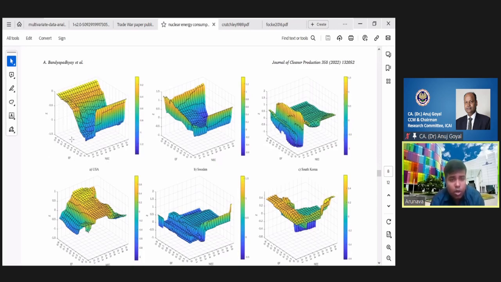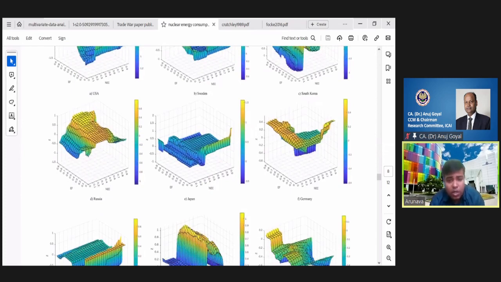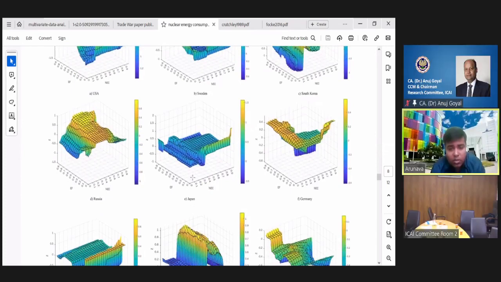If there is less nuclear energy consumption, there is high ecological footprint and all. So this research talks about a three-dimensional relationship in different quantiles. So in the lower quantile, what is happening, in the higher quantile, what is happening. So these are some new domains that are opening up due to the interrelationship between different departments, like economics and physics, right?